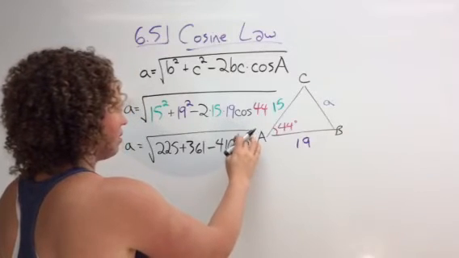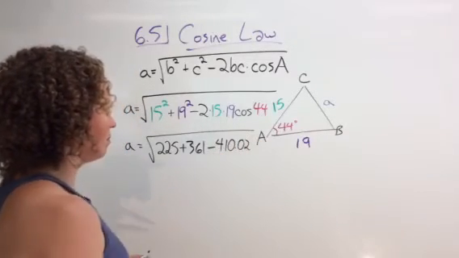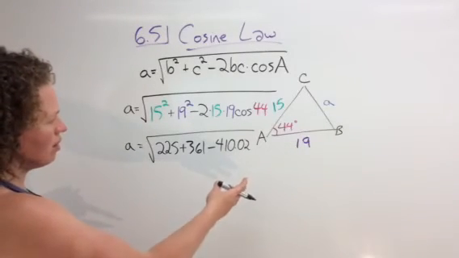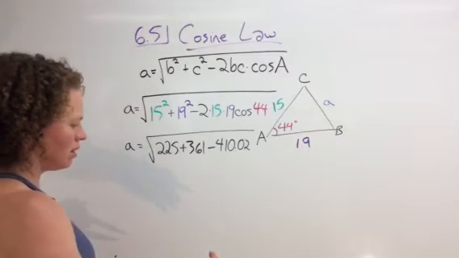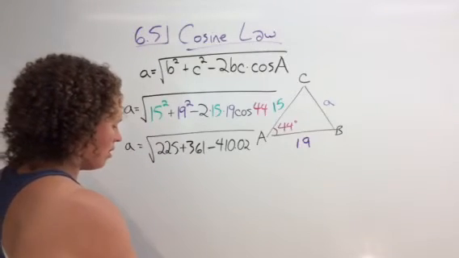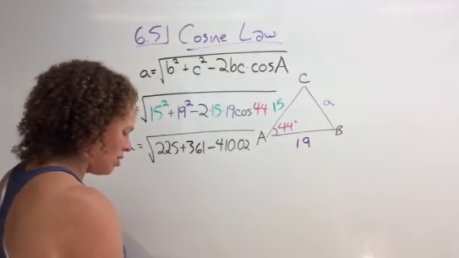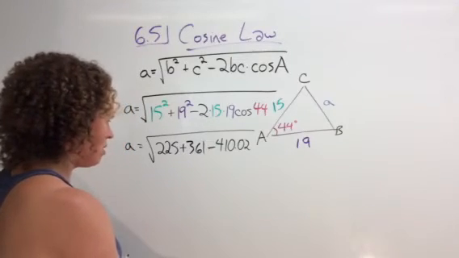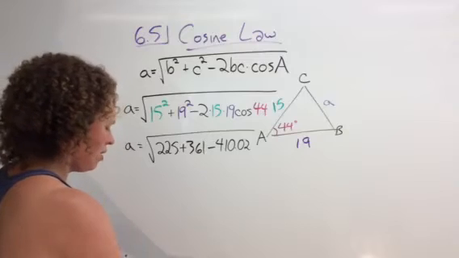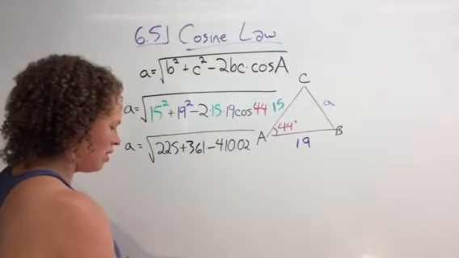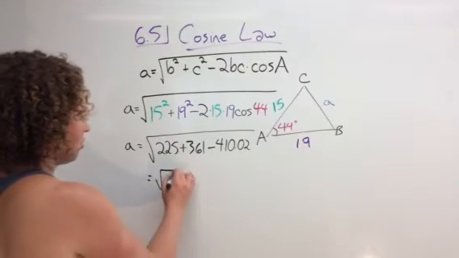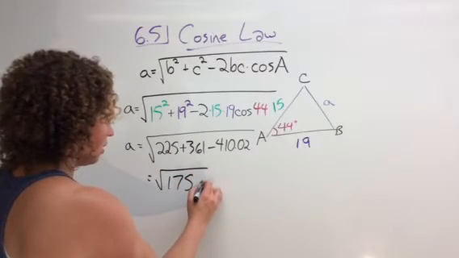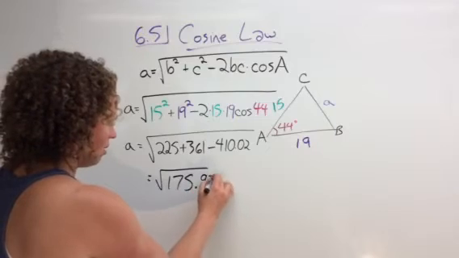You don't want to round off too much, but you know, within reason. So now I've got these three under the root sign, and it's a little simpler to go forward with. I'm going to just cheat and multiply that by -1. I have a negative value. Plus 361 plus 225. So the whole thing is going to be the square root of 175.98.